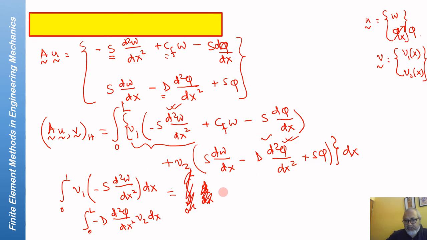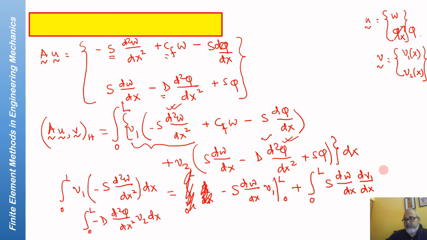So this will become minus S dW dx times V1 evaluated at 0 and L, plus integral 0 to L S dW dx into dV1 dx dx.